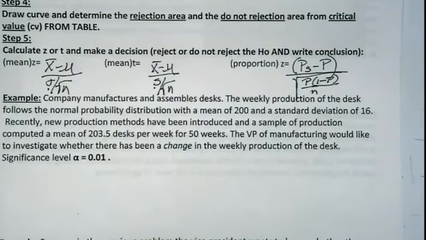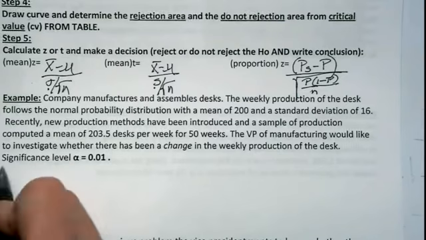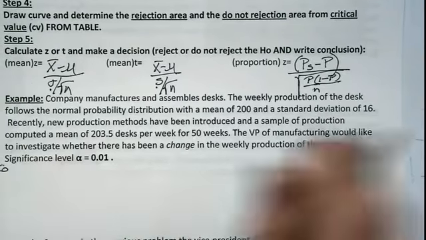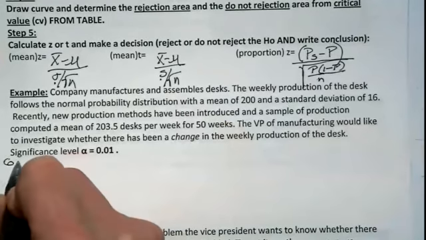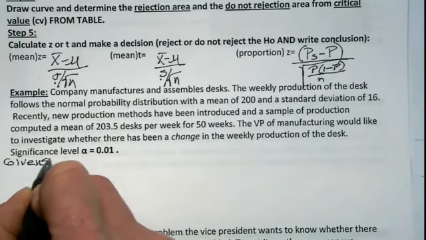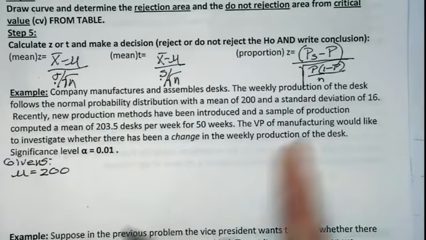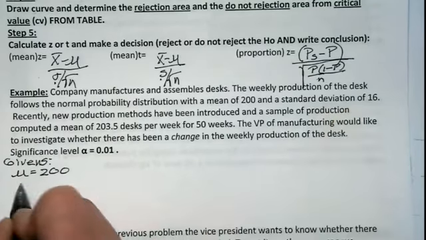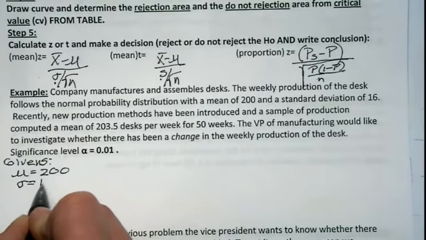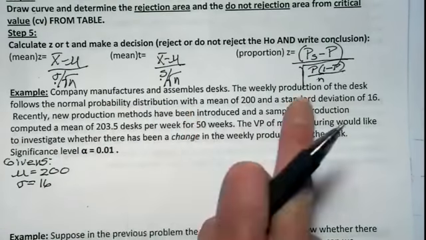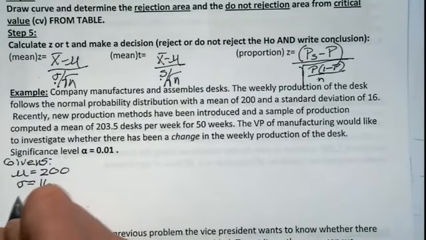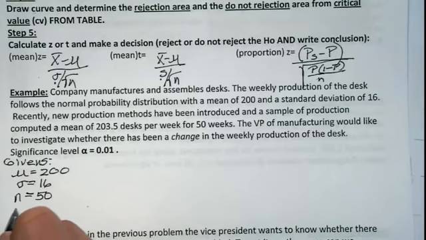Okay. First thing you need to do is write the givens. So I am going to write the givens for you. The population mean, for years and years we've been making 200. This standard deviation is the population because I haven't mentioned anything yet about sampling. I did sample, put in a new production method, and I sampled 50 weeks, and now we're up to 203.5 desks.